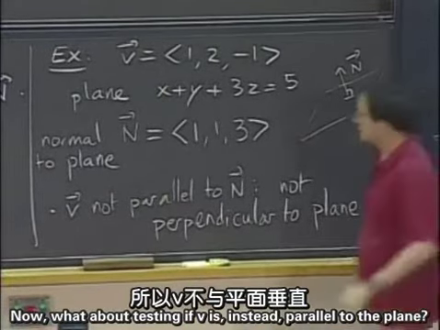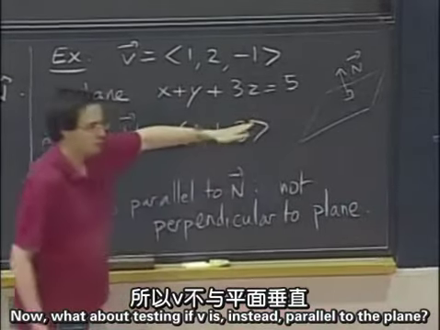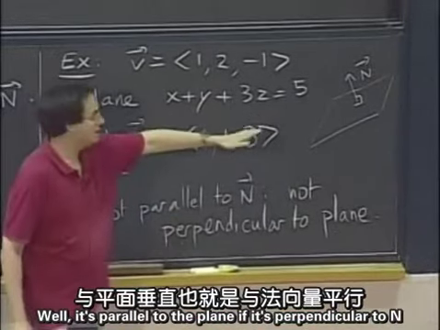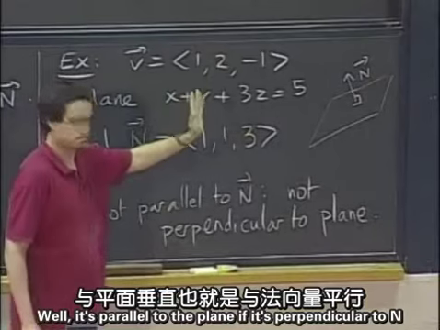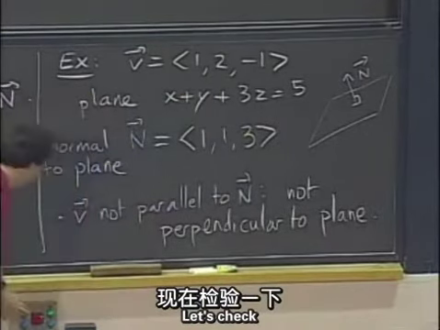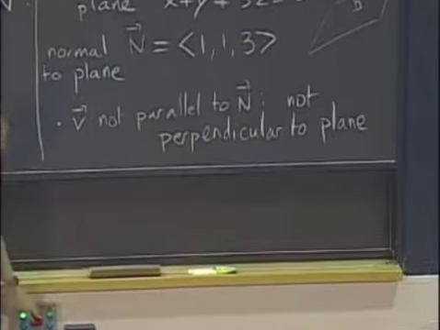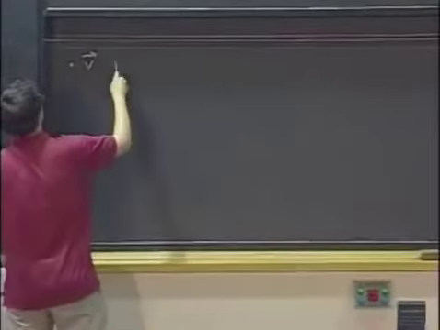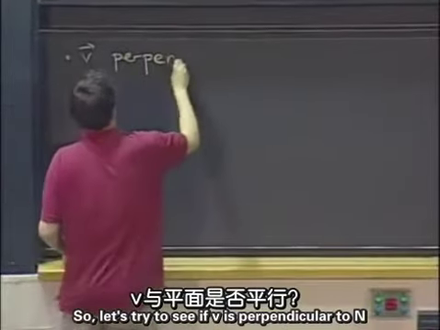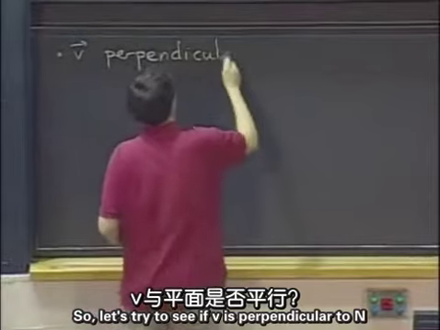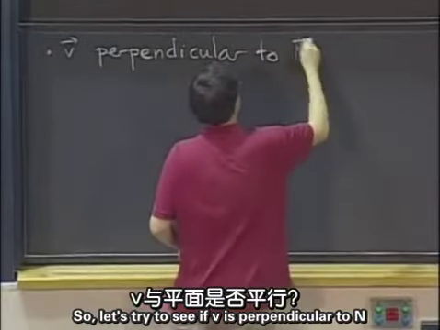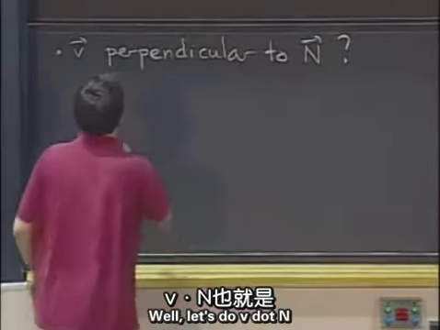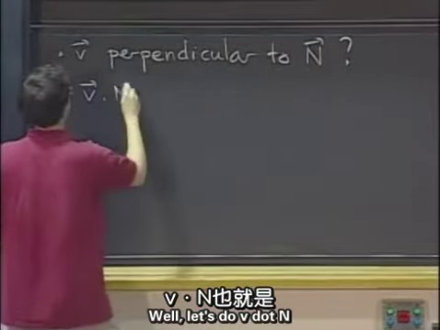Now, what about testing if V is instead parallel to the plane? Well, it's parallel to the plane if it's perpendicular to n. Well, let's check that. So let's try to see if it's perpendicular to n. Well, let's do V dot n.